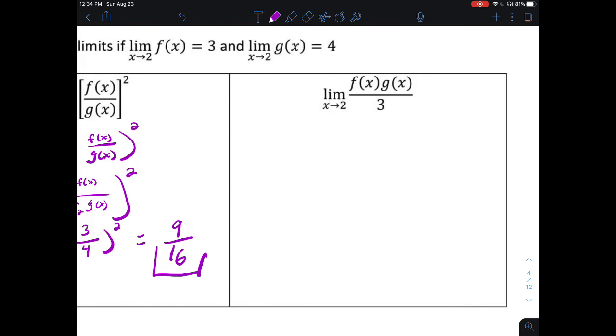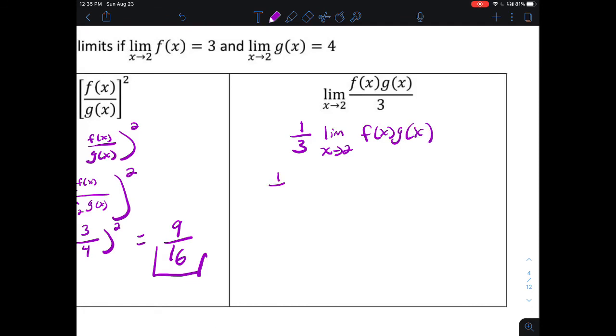Limit as x approaches 2 of f times g of x divided by 3. Well, I see the division by 3. Now, technically, that is me multiplying the product of f and g by a third, so I can pull out 1/3. So rewrite as 1/3 times the limit as x approaches 2 of f of x times g of x.